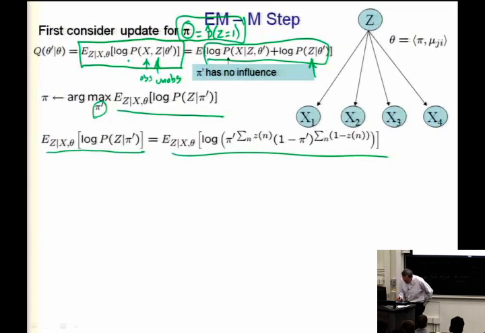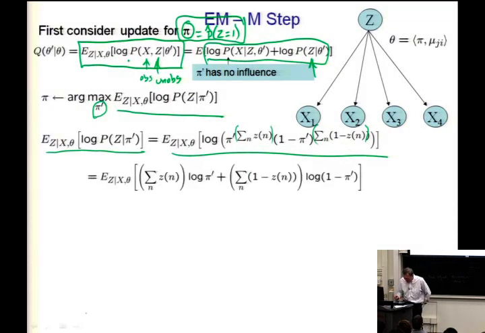Notice z is going to be either 1 or 0, so this exponent is just the number of times z ends up being 1 and the number of times it ends up being 0. And so the probability of the data is just whatever pi is, raised to the number of times that z ends up being 1, times 1 minus pi raised to the number of times it ends up being 0.